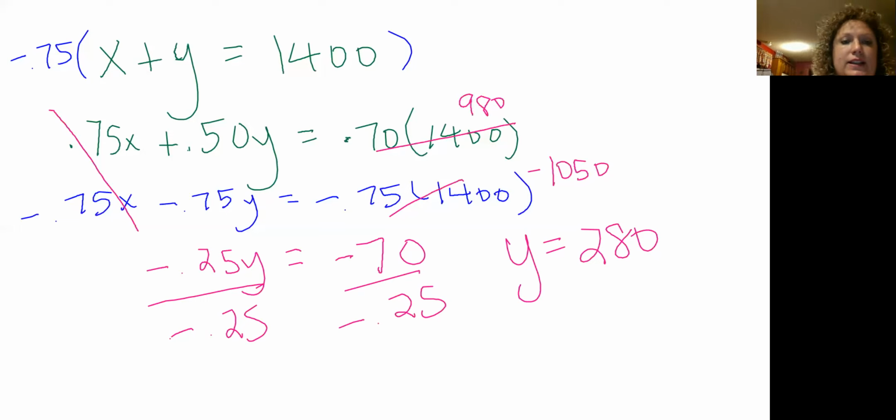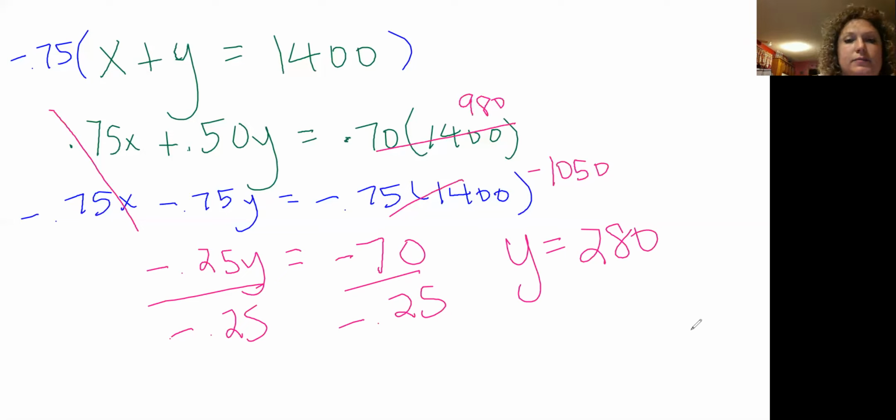So if y is 280, then to figure out what x is, we can just plug that y in right back up here. And so x is going to be 1400 minus 280, which is 1,120.